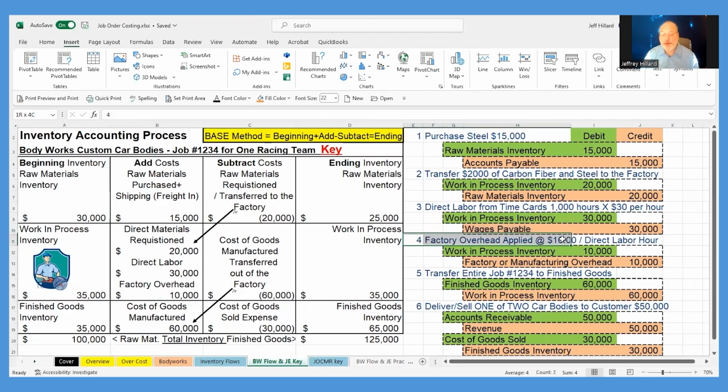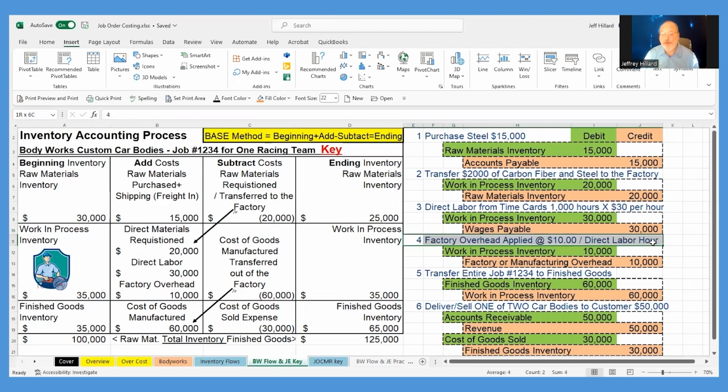Now, here comes an important issue in the chapter. Pay close attention: allocation of factory overhead. We've computed and estimated that this is different than what we're paying our workers.